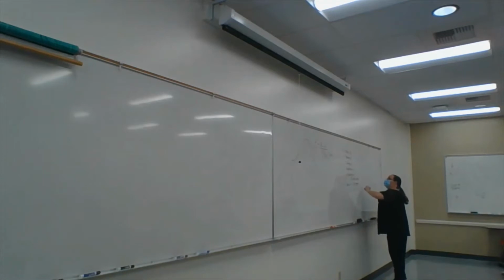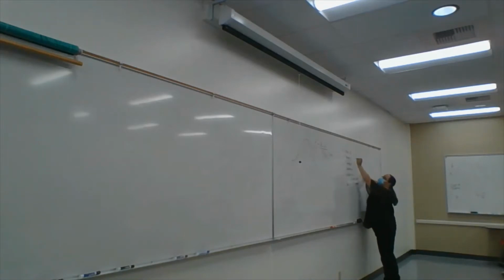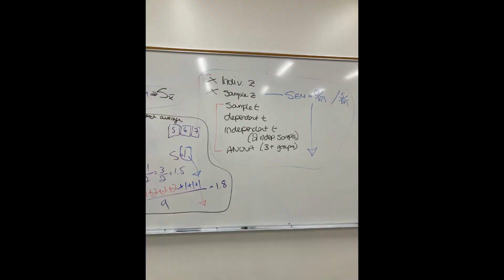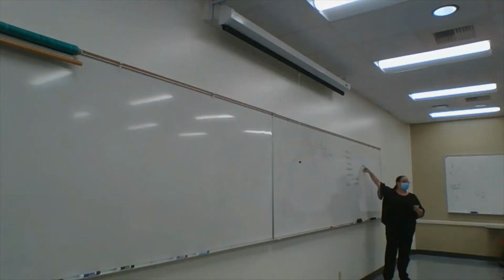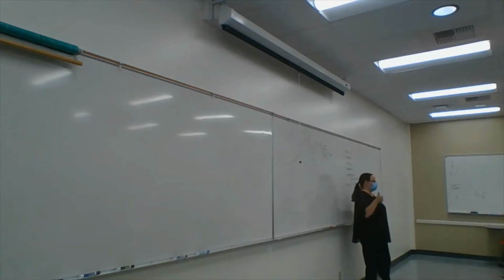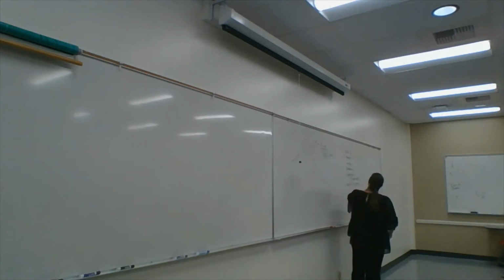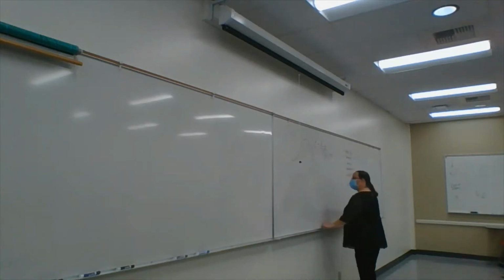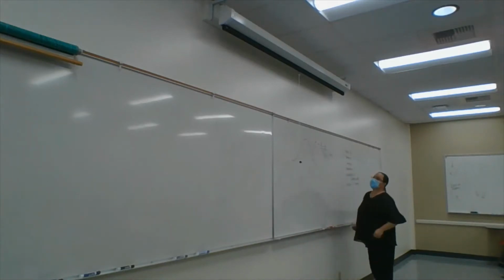So all of these, because we started sampling, are going to require this in the denominator. Instead of just sigma, we had to put a sigma divided by the square root of n because we're now looking at samples. That makes sense? So anytime you do sampling, we have to add the square root of n in the denominator. All right. So that was where we were last week.